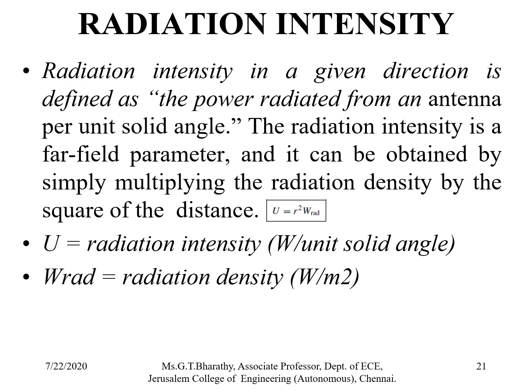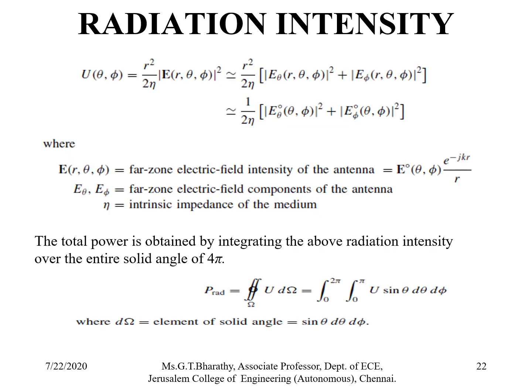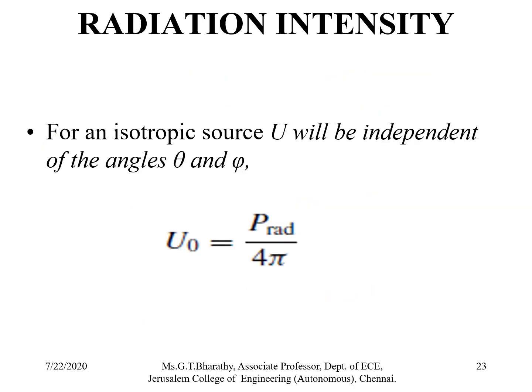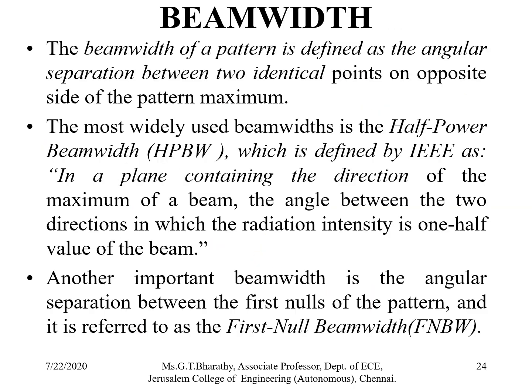We saw the definition of radiation intensity, which is the product of R square and radiation density. We saw the definition of half power beam width and first null beam width, which is also represented as BWFN, that is beam width between first null.